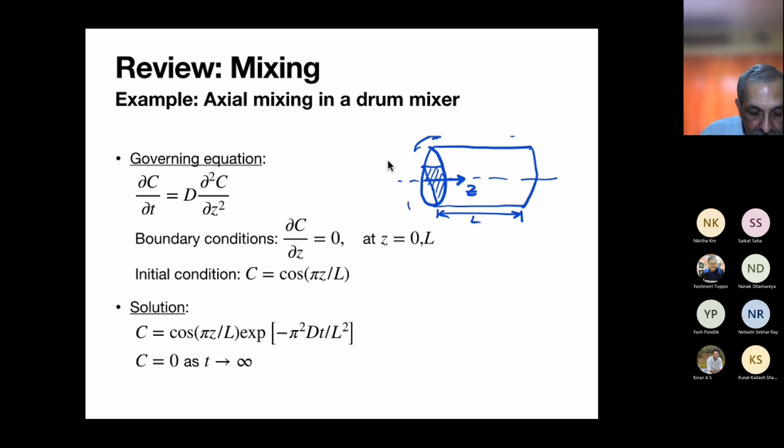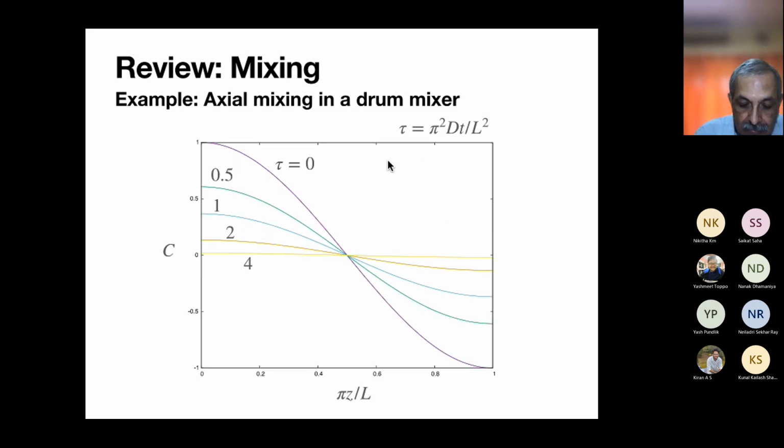And you can see from here that as time goes to infinity, your concentration will simply go to 0. What does this actually mean? Well, here are the plots of the graph in dimensionless form. On this axis, I've plotted the concentration, and on this axis, the dimensionless length, Z by L. And these graphs are for different dimensionless values of the time tau.